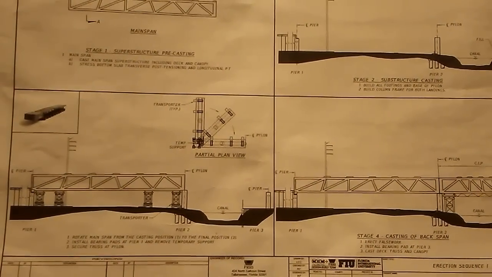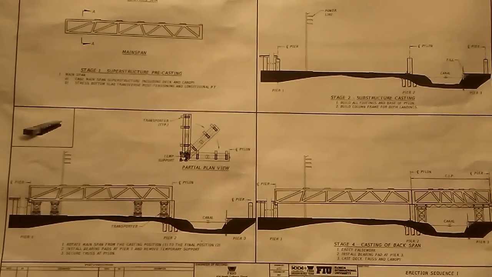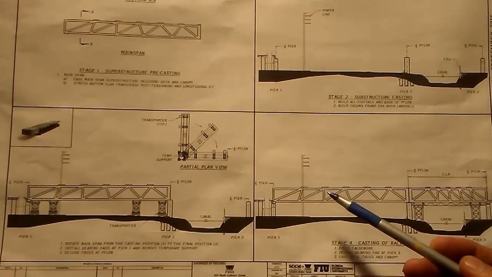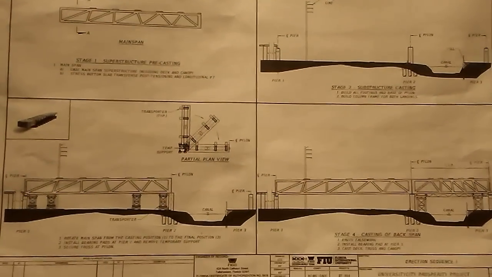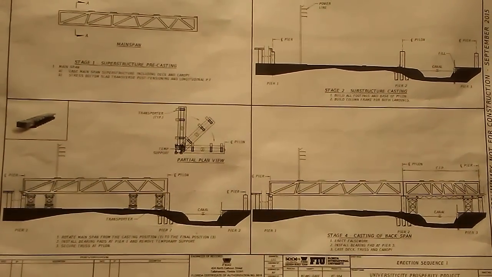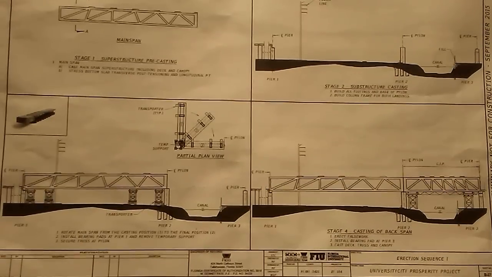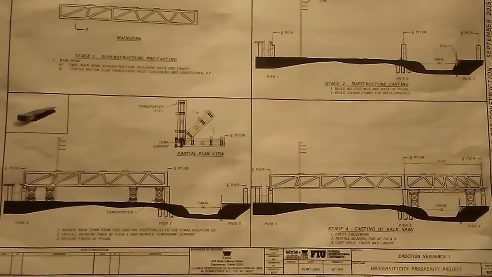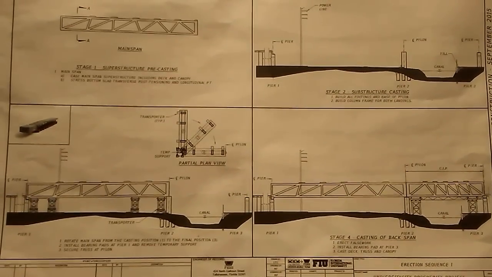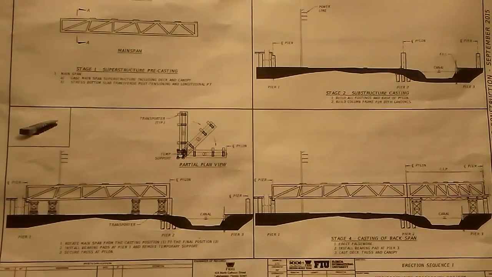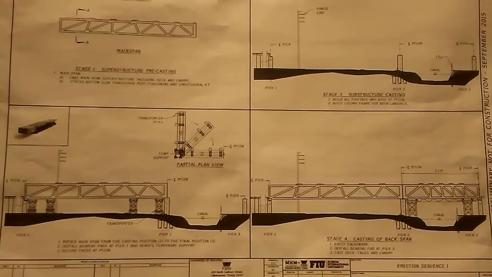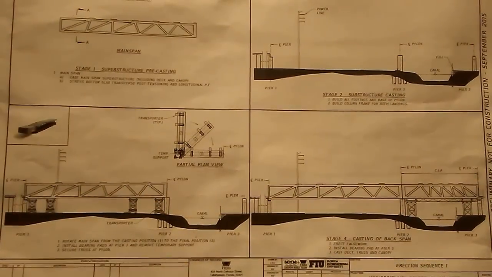ABC allows you to build a bridge not over traffic, and that's a big deal, because when you're building over traffic, you have a lot more risk. You have to deal with workers that are in traffic, next to traffic, and it's just a much more dangerous situation.